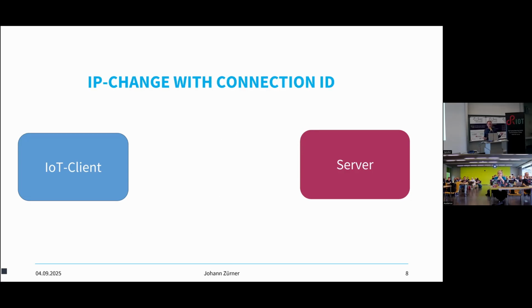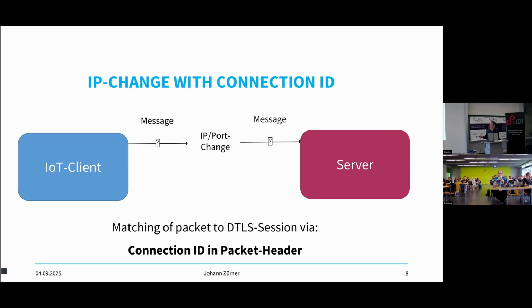To avoid a new handshake when IP addresses or ports change, this Connection ID extension in DTLS was developed. It works in a way that during the handshake, a numeric identifier, this Connection ID, is negotiated. The server, for example, assigns that Connection ID to the client, and then the client sends that Connection ID in the DTLS header with every subsequent application packet that's sent.